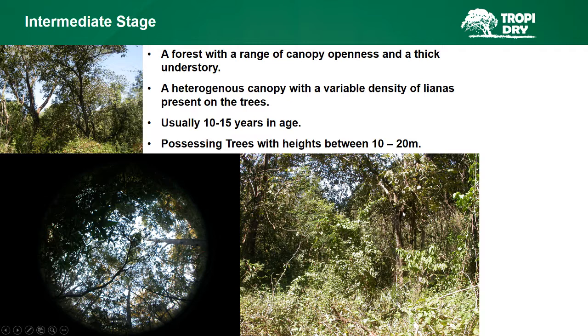And you can see that if the infestation of lianas was great enough, you could really start to arrest the development of any of the understory vegetation, which is usually the stage that the late stage species would start to colonize the land.